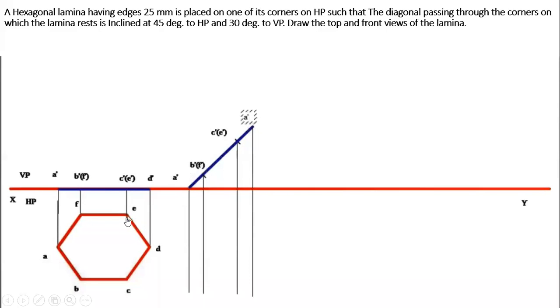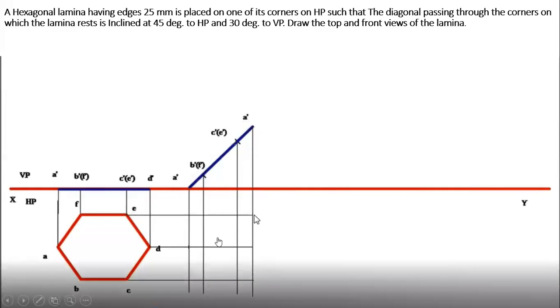Okay, now project the top view and connect A dash with A. This is point A, B, C, D, E, F. Connect using visible line. So this is the construction of the hexagon when it is tilted to 45-degree inclination.